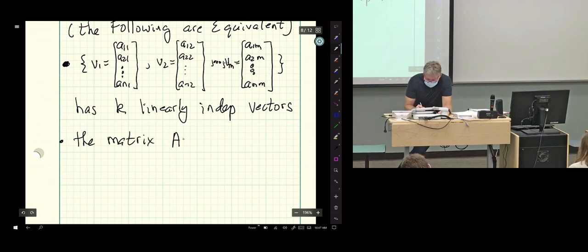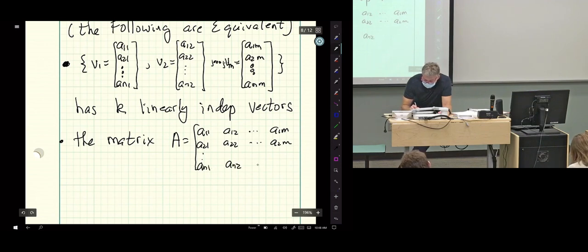The matrix A, so now I stack all these guys up. A11, A12, dot, dot, dot, A1M, A21, A22, dot, dot, dot, A2M, dot, dot, dot, AN1, AN2, dot, dot, dot, ANM.